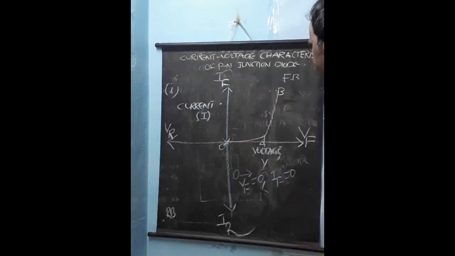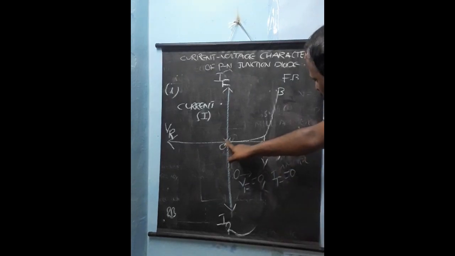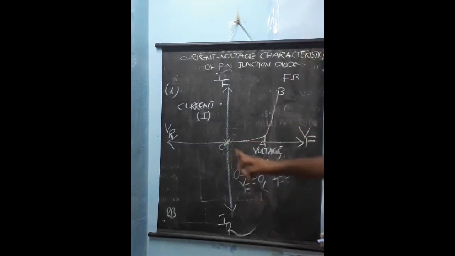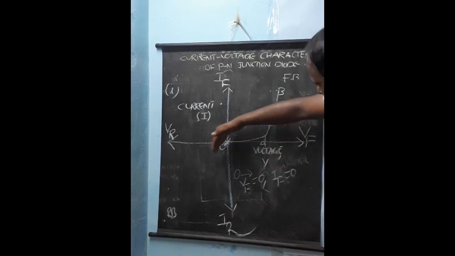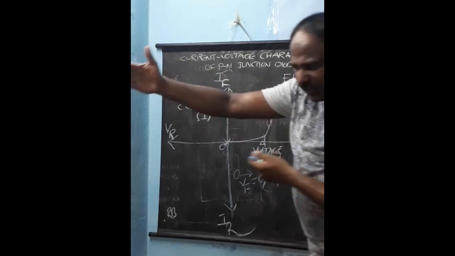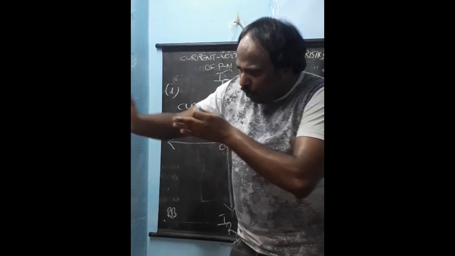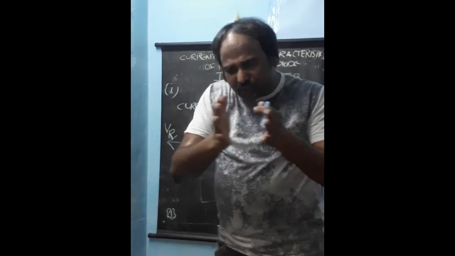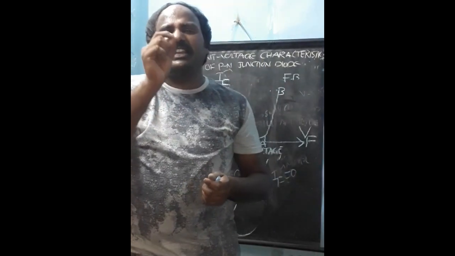Now, from O to A, with increase in voltage, current also increases. As we move from O to A, voltage increases, current also increases, but the current increment is very less.